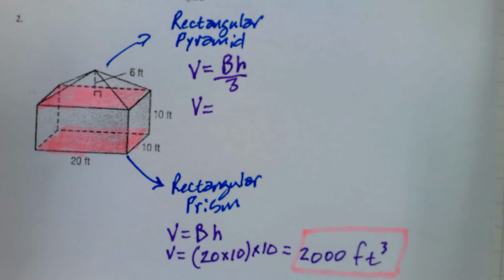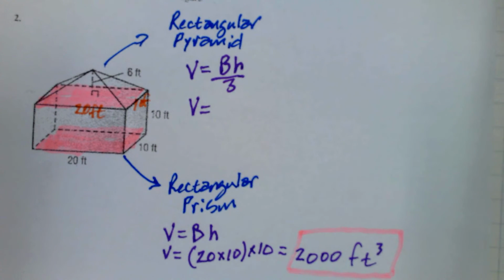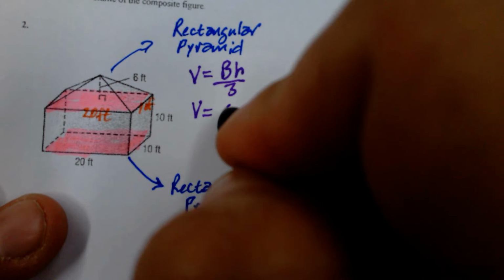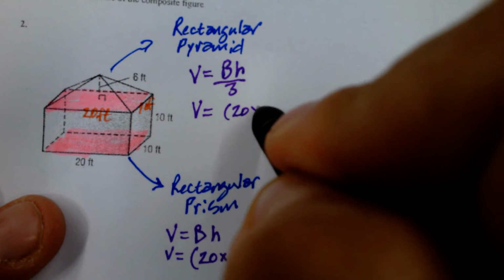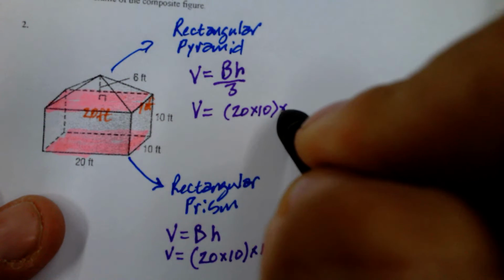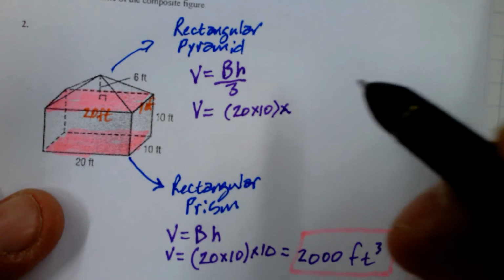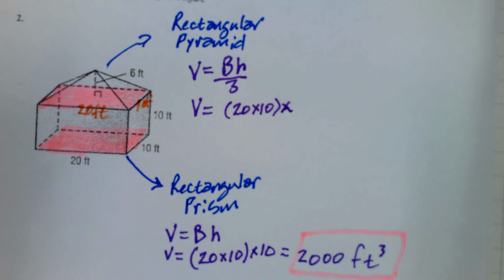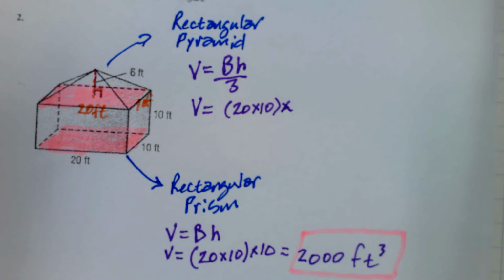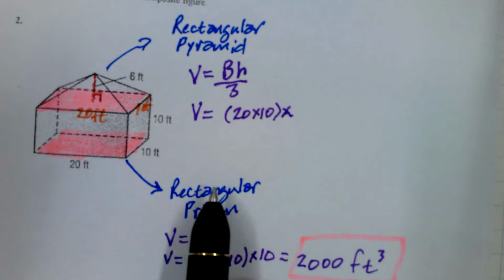It's 20 by 10 again. Just to remind you, this transfers over. It's still 20 and this is 10. So you can transfer those over here. So we're going to do 20 times 10. And then we want the height for the pyramid. What's my height here? 6.